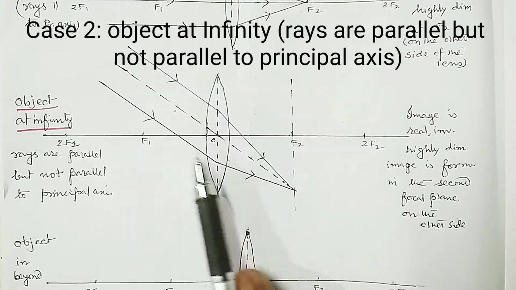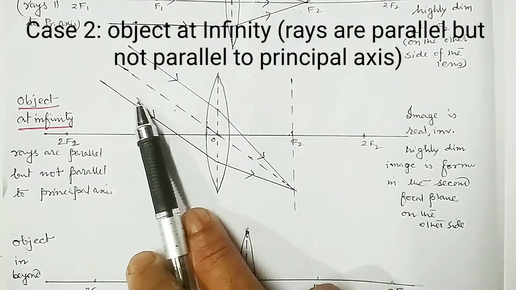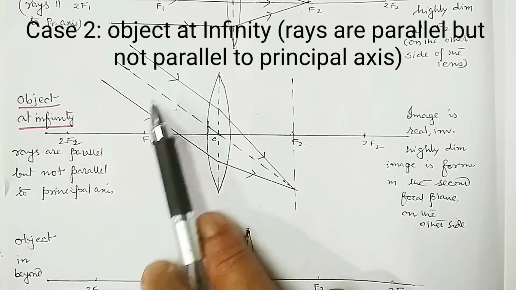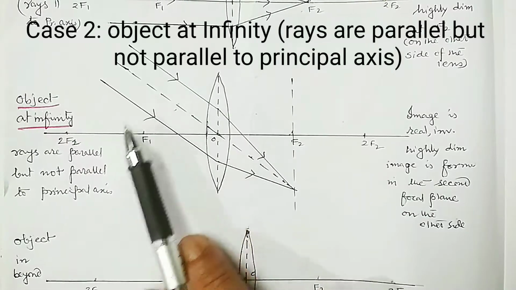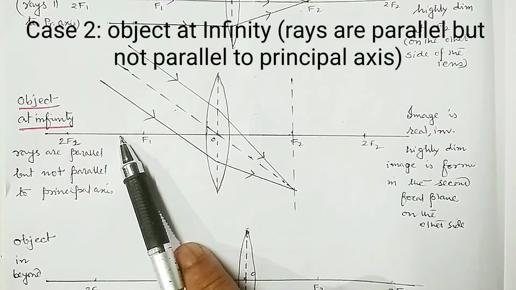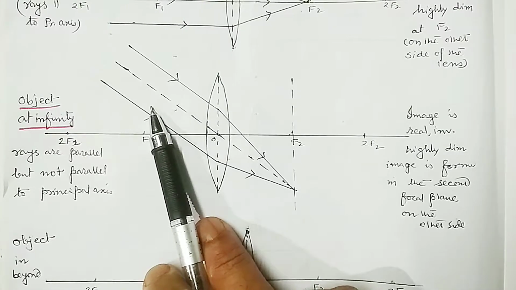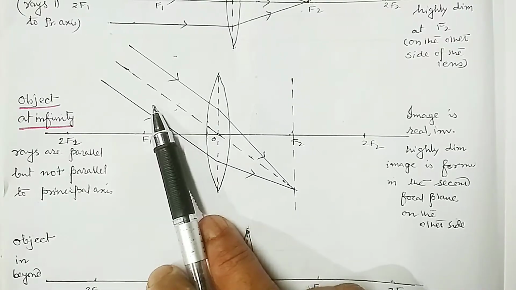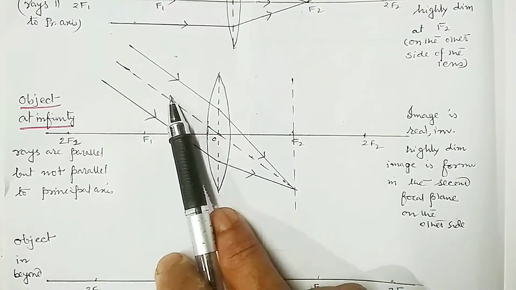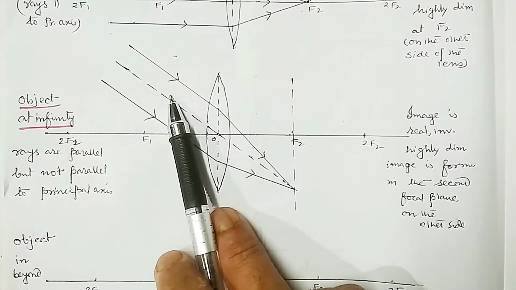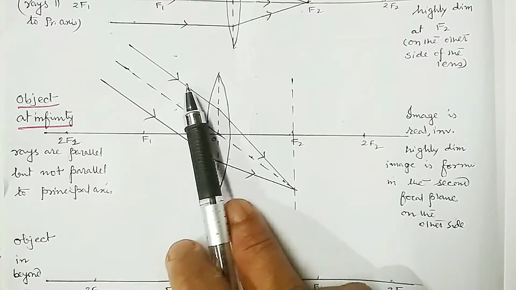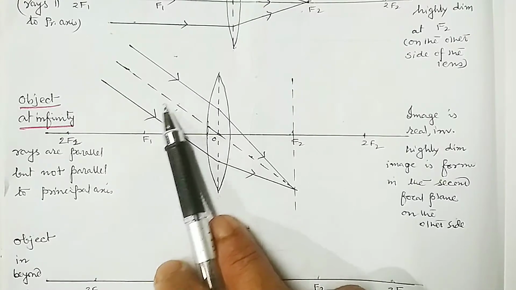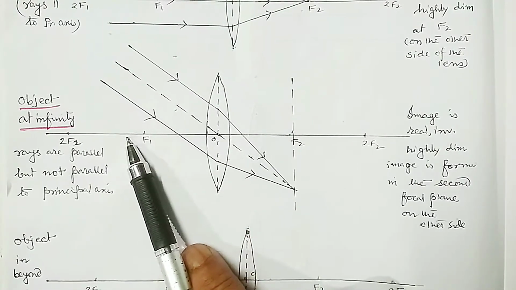In case 2, the object is at infinity such that the rays coming from it are parallel, but these rays are not parallel to the principal axis. Here the object is at infinity and the rays coming from it are parallel, because when the object is at infinity, rays coming from it are always parallel. But these rays are not parallel to the principal axis.